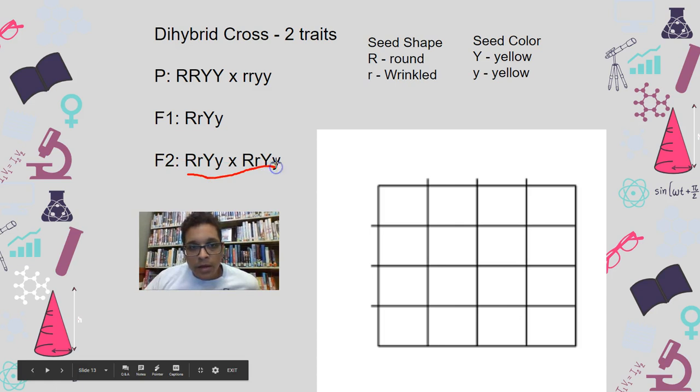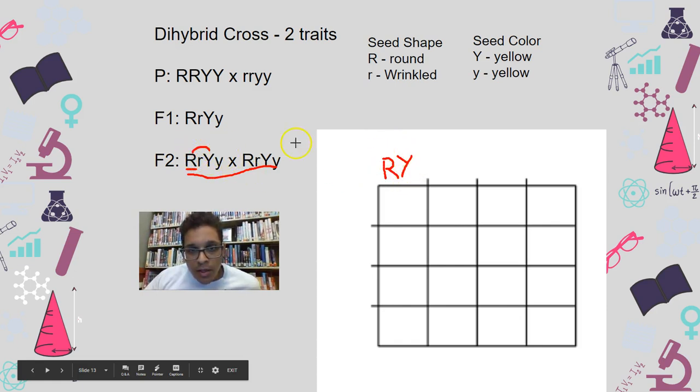And so how to do this, you start with the first letter and you put it here, and then you will bring that over to this Y, and so that'll give you 2 dominant alleles right here.